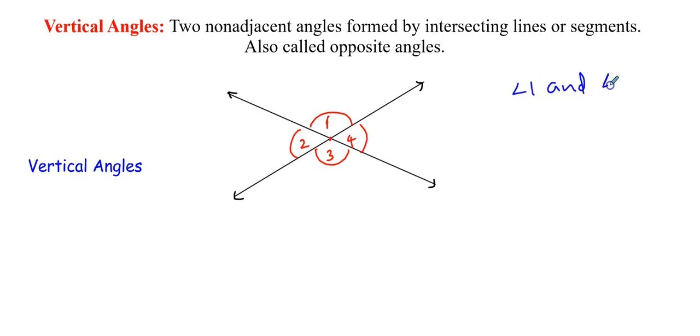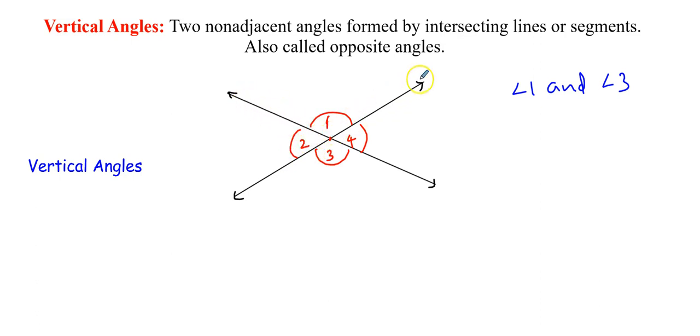and angle 3, they are satisfying the condition to be called vertical angles because 1 and 3 have no side in common. That's why they are non-adjacent angles. They are not adjacent like 1 and 2. They don't have any common side.